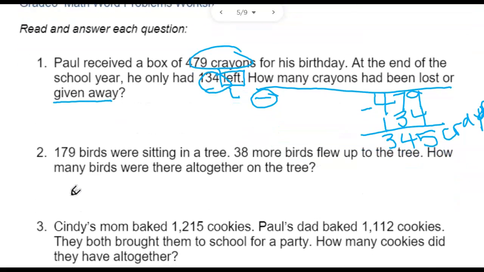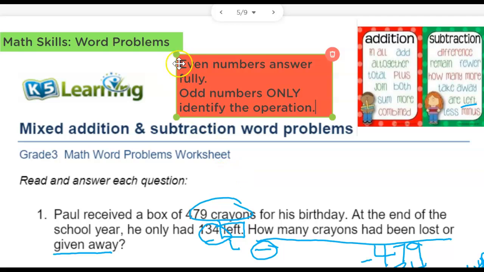For the second one, we are just going to identify what it is. For the rest of the assignment, if it is an even number, that means 0, 2, 4, 6, or 8, then we will answer it fully. Oh, I did this backwards. If it's odd, we'll answer it fully.